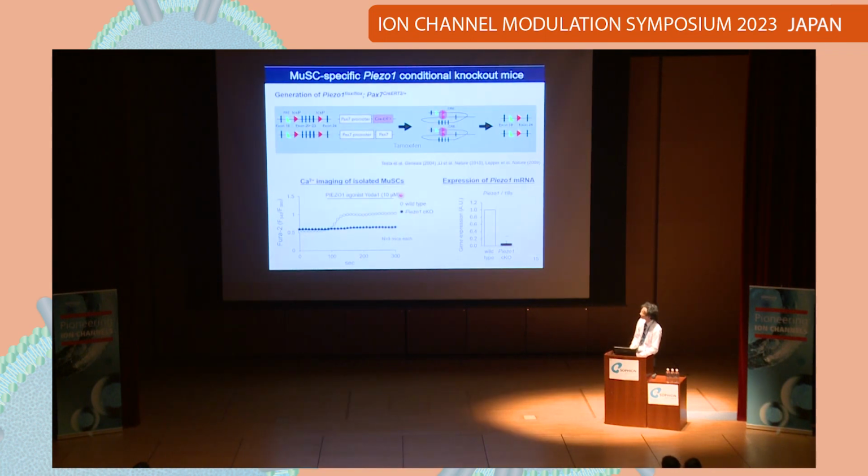To evaluate the Piezo1 function in muscle satellite cells, we established Piezo1-deficient knockout mice. Given that systemic deletion of Piezo1 causes embryonic lethality, we established a conditional knockout using Pax7-CreERT2, which can express Cre recombinase in muscle satellite cells under the control of tamoxifen.